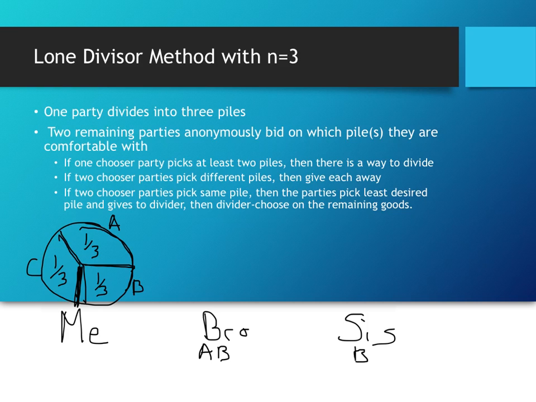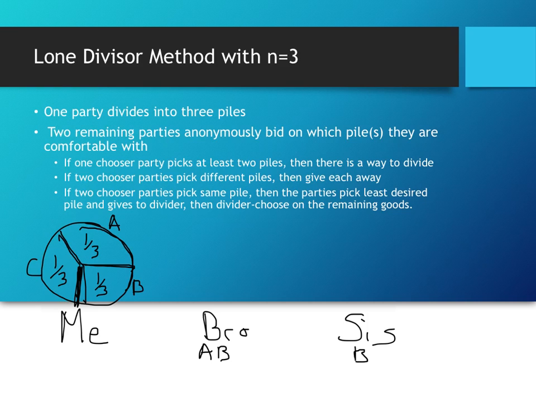Sister said, I only want pile B. That's the only pile that I think is worth 1/3 of the total or more. And then obviously I'm here and I get C, which I think is worth 1/3, so I'm all fine and dandy.